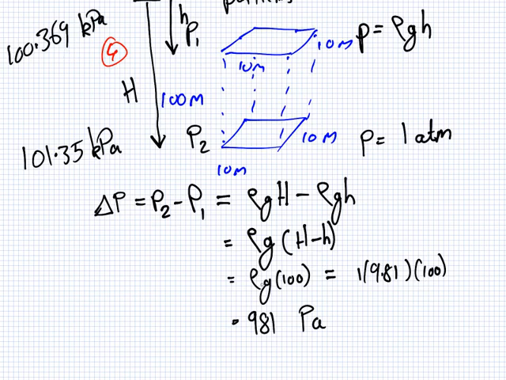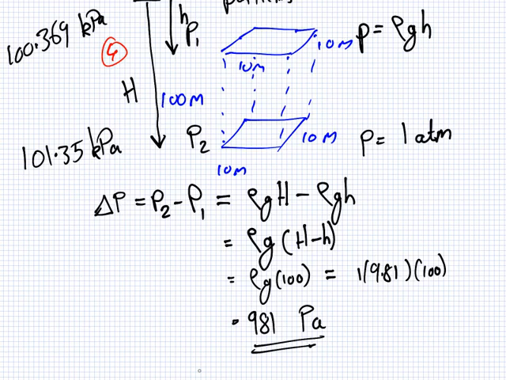The difference is this much. The pressure is from the sky to the ground. And what I'm saying is, if you do the question this way, you don't need to know what the big H is.